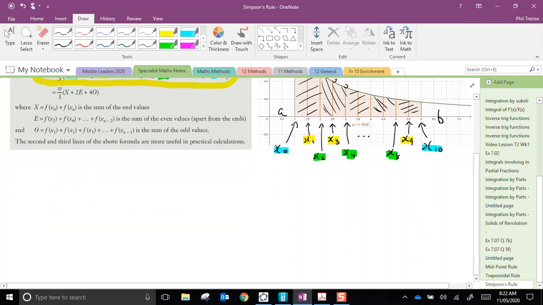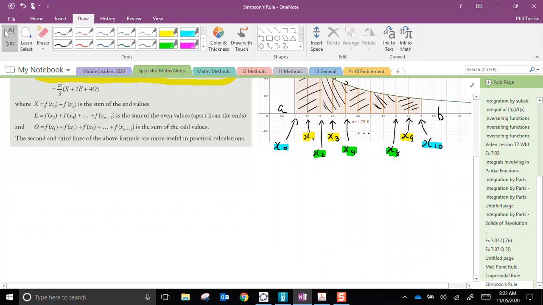Now let's see how we actually apply the formula in our calculator.